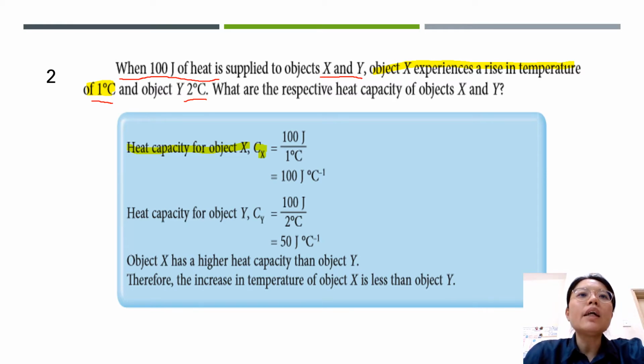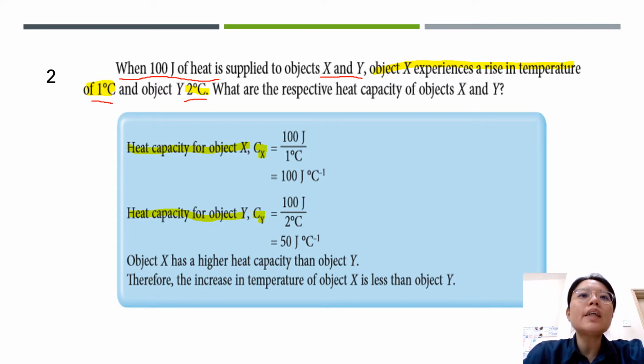On the other hand, the heat capacity for object Y, we use the symbol C subscript Y. Given 100 joule divided by 2 degrees Celsius, because stated in the question. So the answer is 50 joule per degree Celsius.